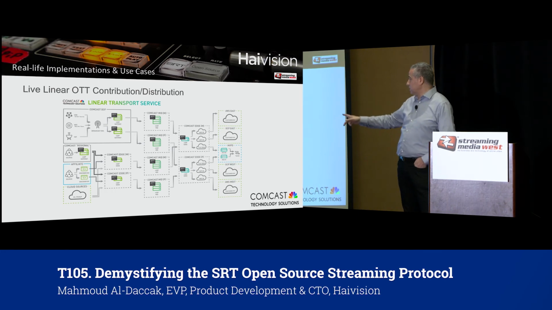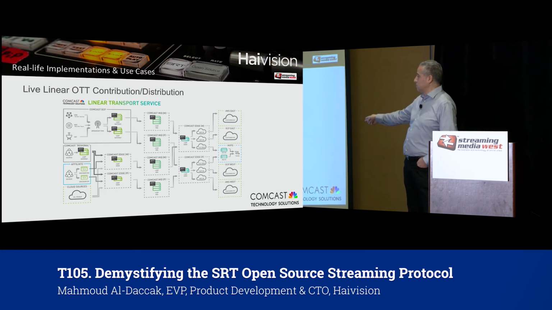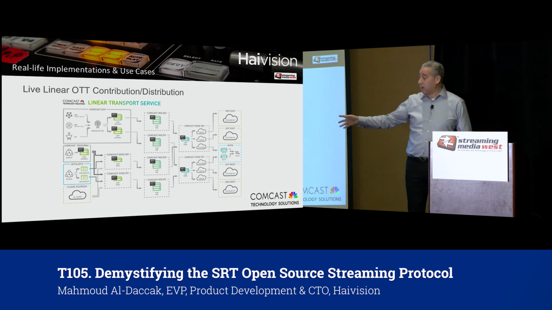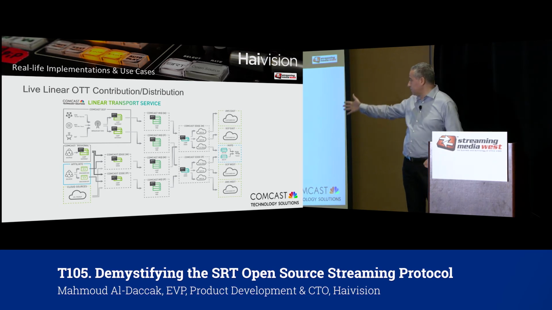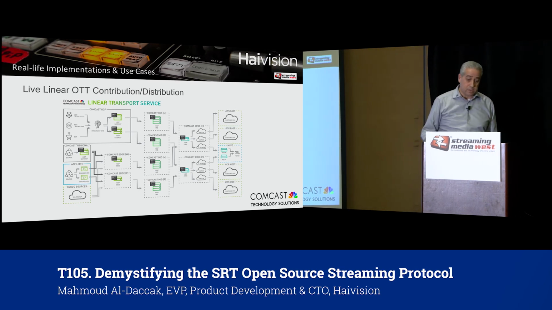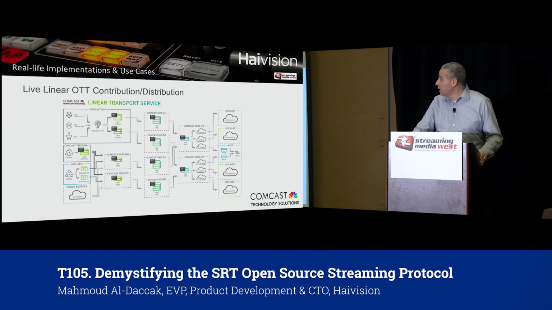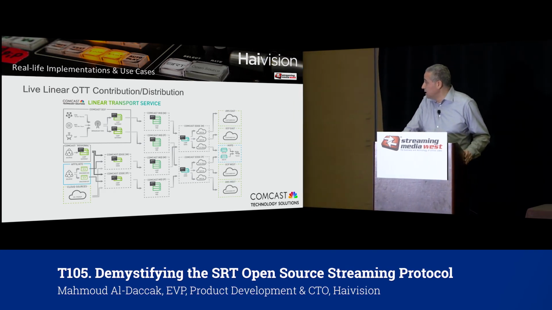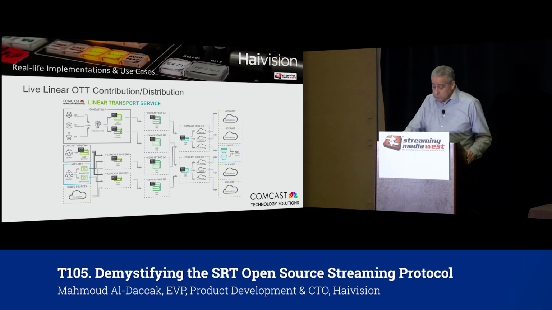Again, leveraging SRT, and then it gets into the distribution centers. It gets to the distribution so that basically you can either ABR it or feed it to the likes of Hulu or whatnot, or process it in Amazon. So this is really a real-life scenario with Comcast for live linear OTT contribution distribution.